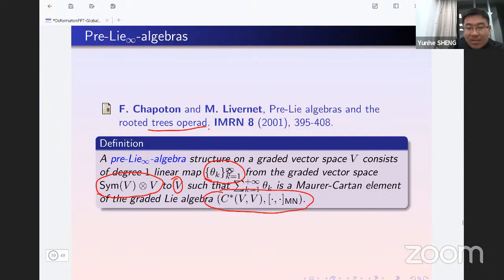So recall that at the beginning of the talk, I mentioned that we have the controlling algebra for pre-Lie algebras. And here we just replace a vector space by a graded vector space. We can still obtain a graded Lie algebra, and then its Maurer-Cartan elements will give you the pre-Lie infinity algebra structure. I will not write down the explicit formula. You can just view it as the Maurer-Cartan element.